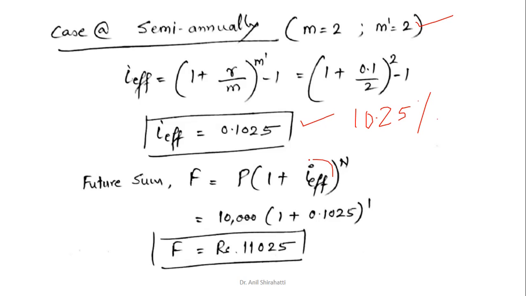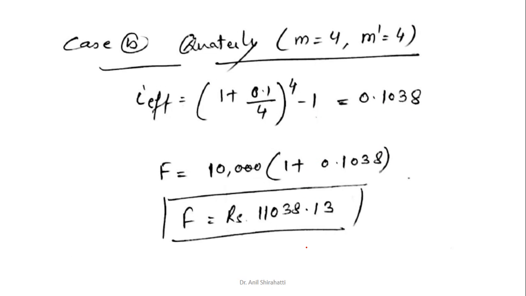Instead of I we are substituting the effective interest rate, 10.25%, and we are paying back at the end of the first year, so n is 1. When you substitute this, we get an amount of 11,025. So at the end of the first year the person has to pay 11,025 rupees if the interest is compounded semi-annually.